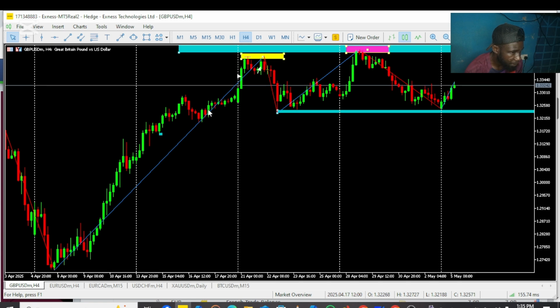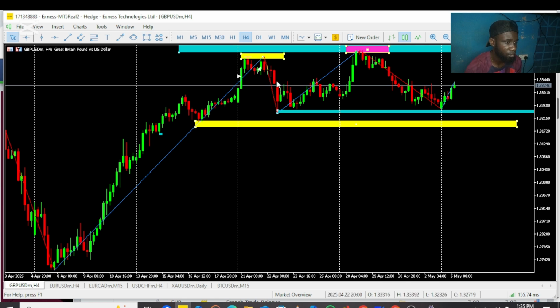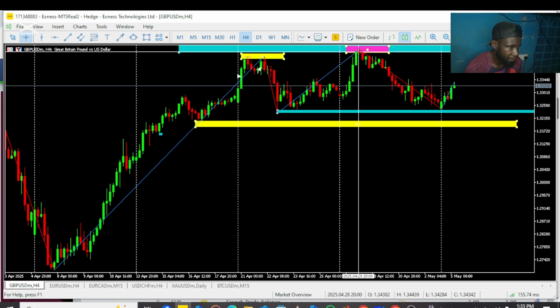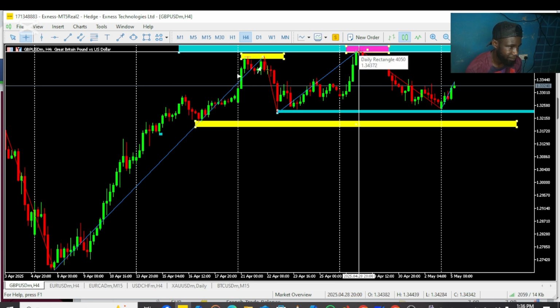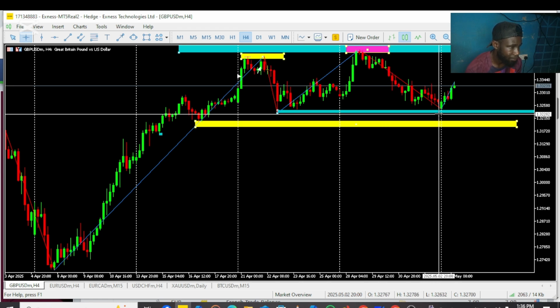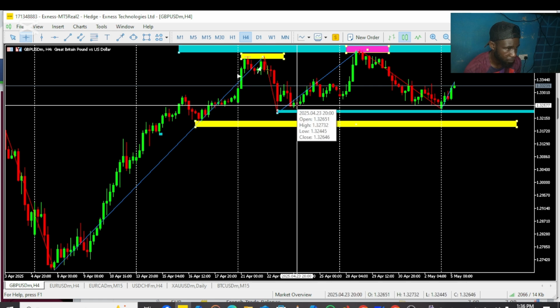The market touched here first and came back. It couldn't break this support. Check where the market couldn't break this support and moved back and touched this line again, and touched the resistance again and pulled back.